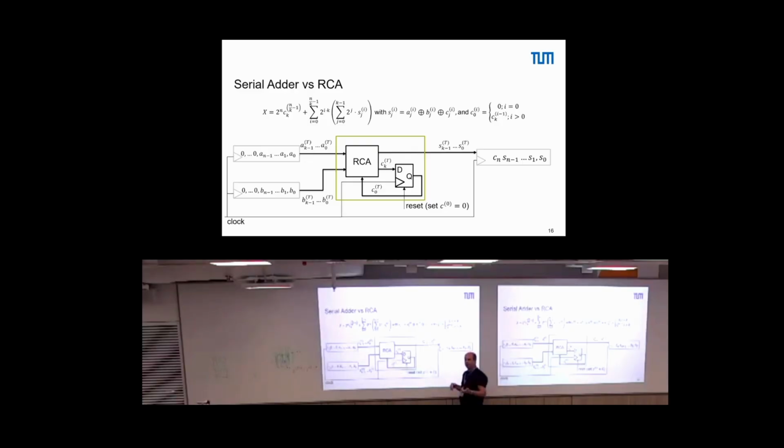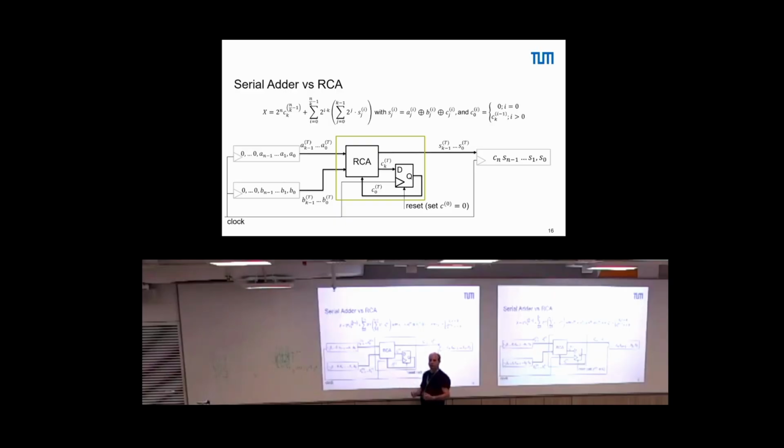So, in other words, you can trade off between a ripple carry adder and a serial adder the latency versus critical path. Let's say we want to process 32 bits. The extreme cases are we have a 32-bit ripple carry adder running for 1 clock cycle with a long critical path, so low frequency.